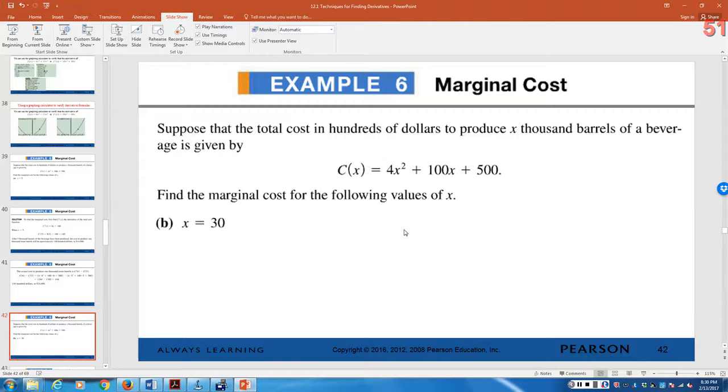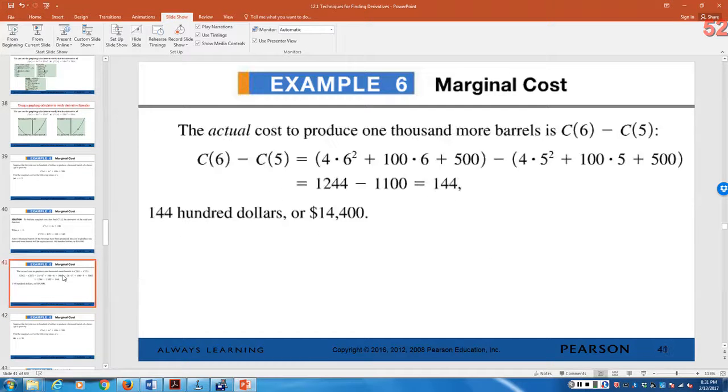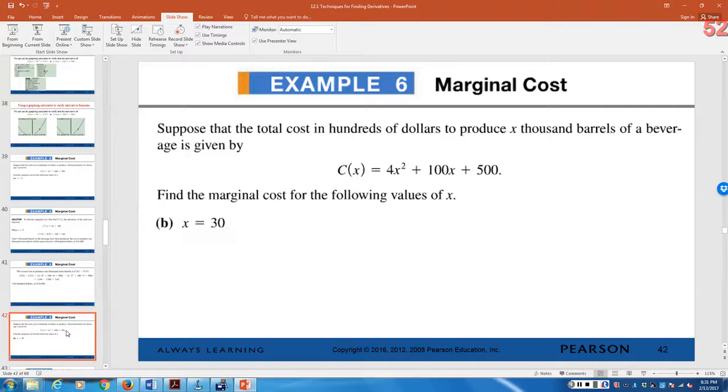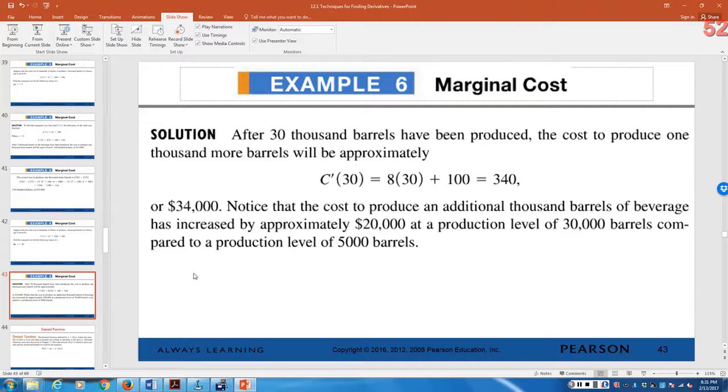And looking here again, I think this is going to kind of bear out what we're talking about. Suppose the total cost in hundreds of dollars to produce the 1,000 barrels is 4x squared plus 100x plus 500. Find the marginal cost for x equals 30. Well, the derivative is still the same as it was before.